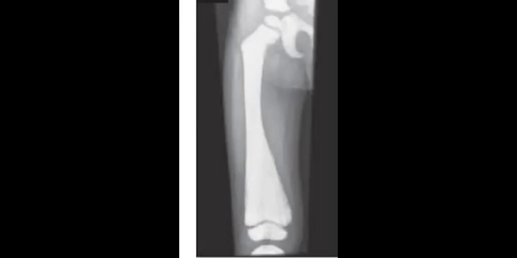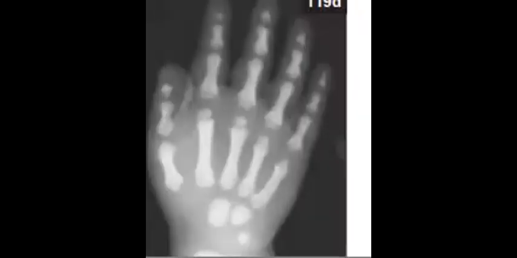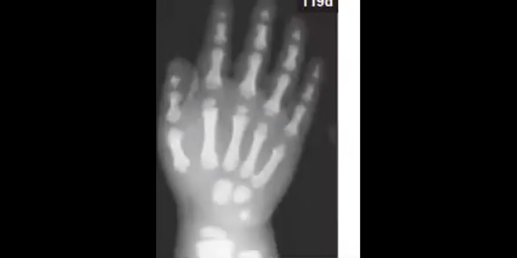Maybe I will show you something more. Yes, here. So this is pycnodysostosis, and you can see that they have again osteosclerosis, and in the distal phalanges you have something called pointing.